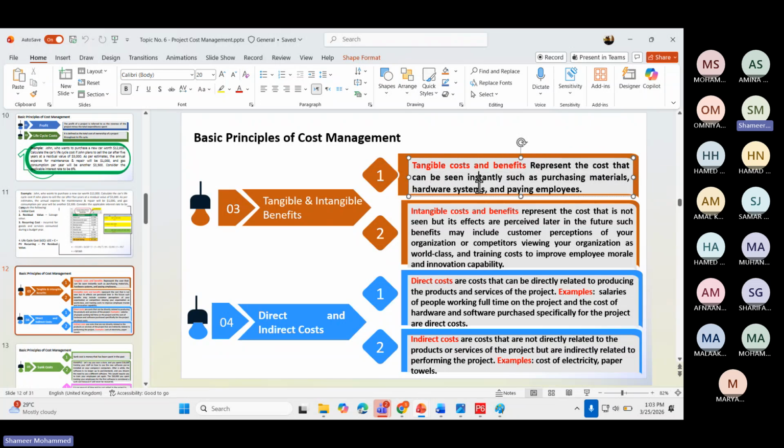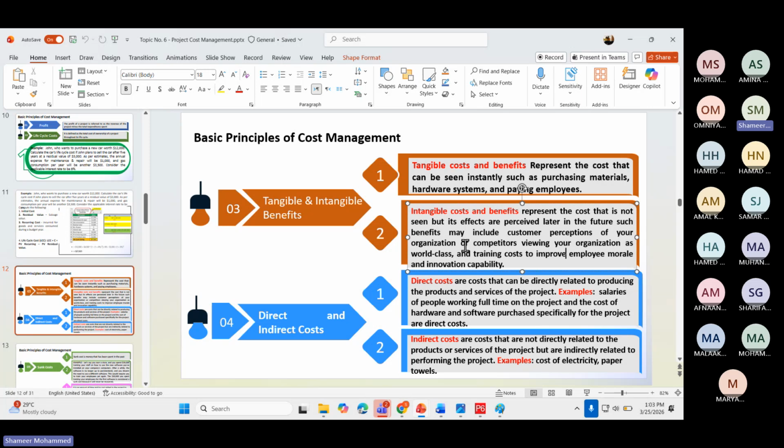Intangible means cost that is not seen, but it affects your future, such as customers' feedback, competitors' view, organization's view, training cost, improving the morale of the employees. So these are all the costs which you cannot see. It may come in your project.